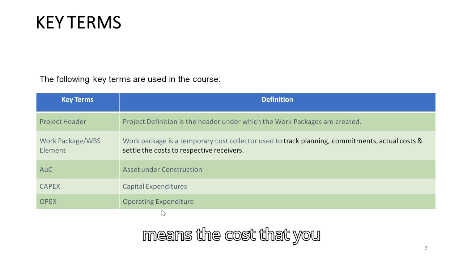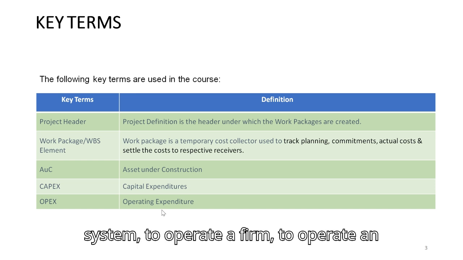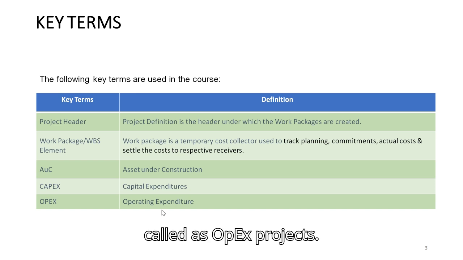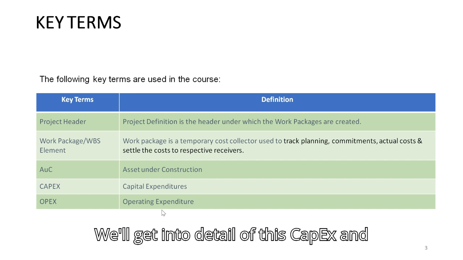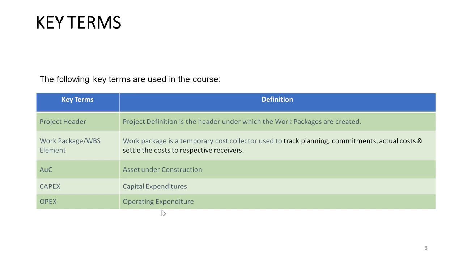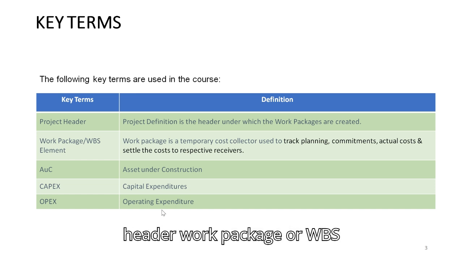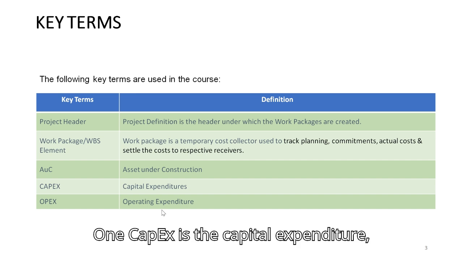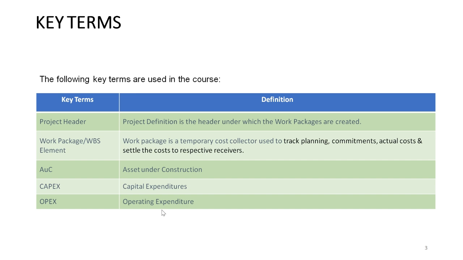That means the cost that you incurred to operate a system, to operate a firm, to operate an organization. Those projects are called opex projects. We'll get into detail of capex and opex projects going further, but I think you all understand: the project header, work package or WBS element is the temporary cost collector, AUC is asset under construction, capex is the capital expenditure, opex is the operating expenditure.